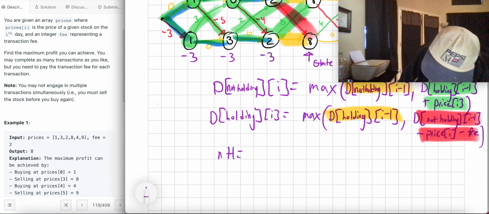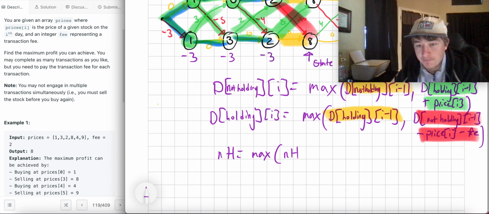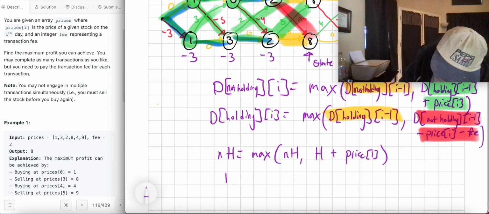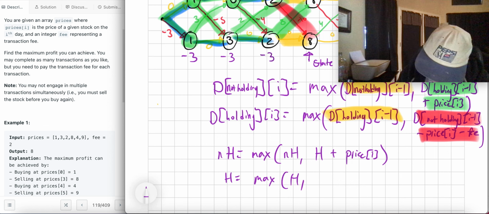Not holding equals the max of whatever not holding was before, or whatever holding was plus the price at I. And holding equals the max of whatever holding was before, or not holding minus the price of I minus the fee.